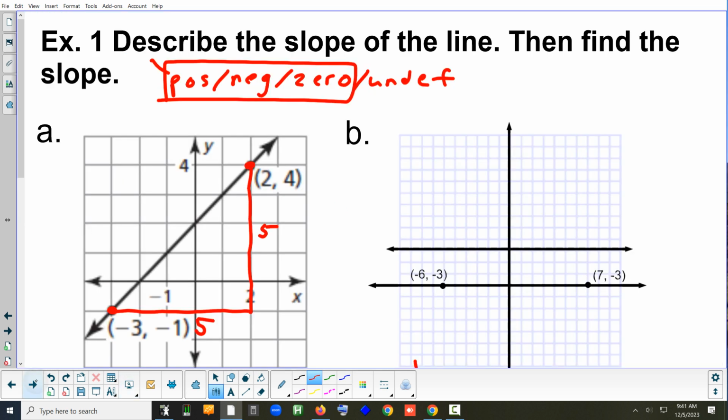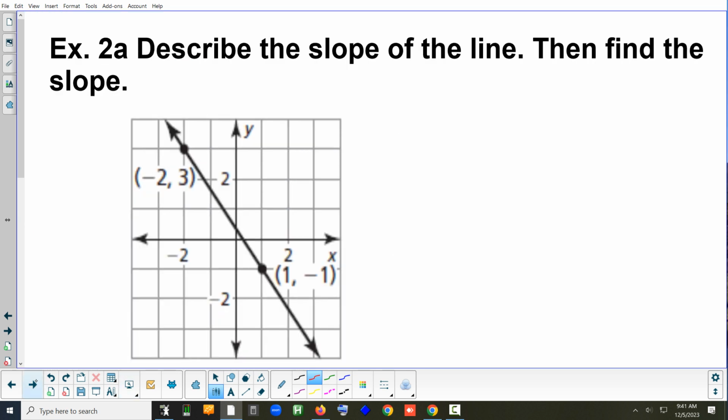All right, so in 2A, they give us the graph, so we're just going to be able to count. First of all, is it a positive slope, negative slope, 0 slope, or undefined slope? Which one is this one? Negative slope. Yeah, so under the description, you're going to write negative slope.